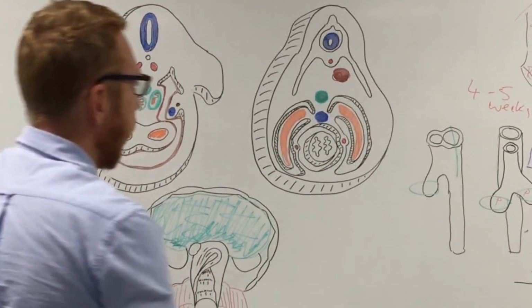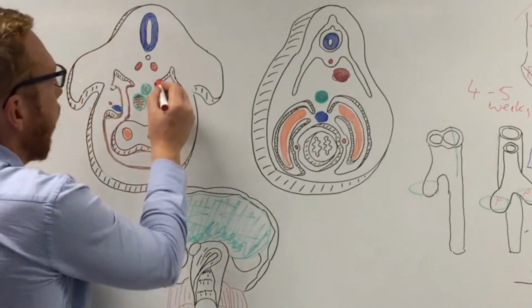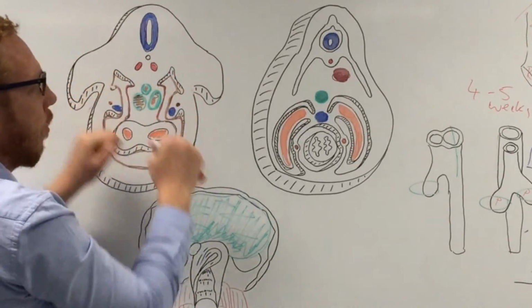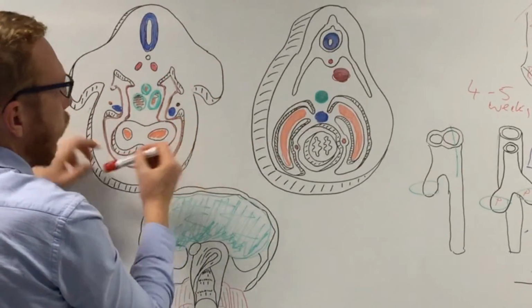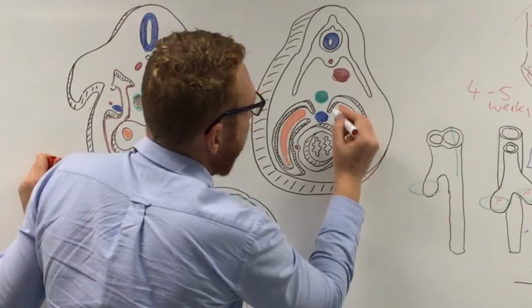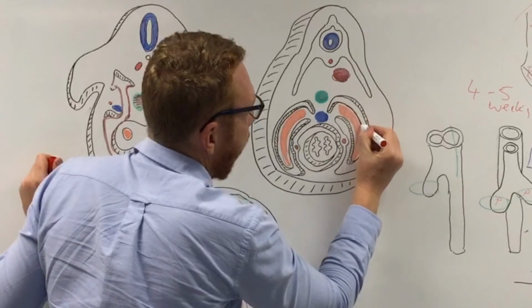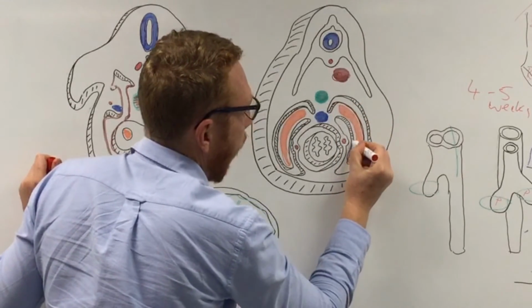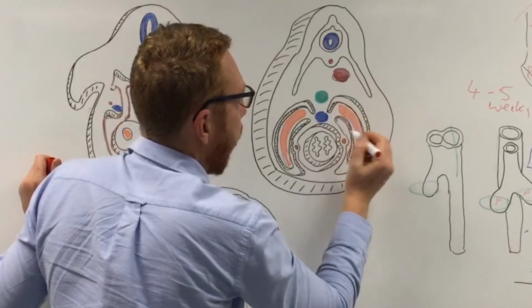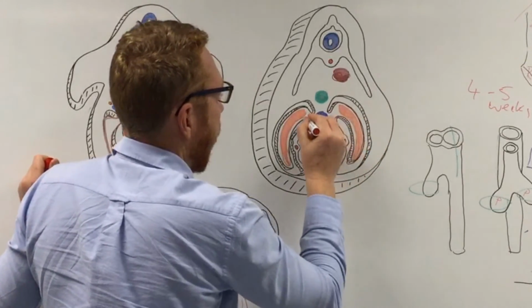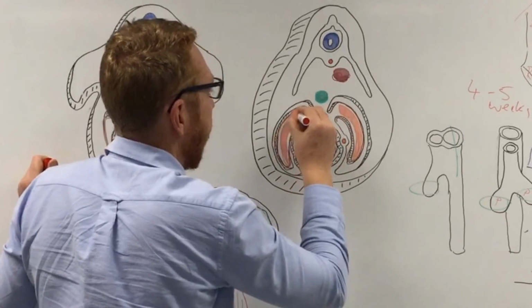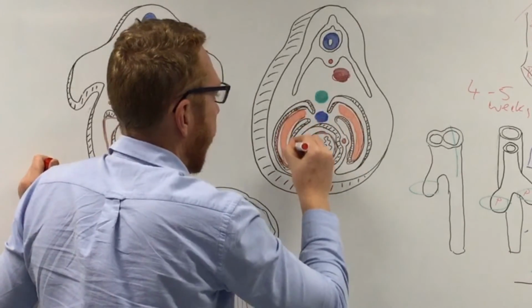So now let's look at the lining. We saw that as the lungs popped out, they take the visceral mesoderm with them. So this is going to be this lining here. That's going to go all the way around the lungs and around the heart itself, like so.